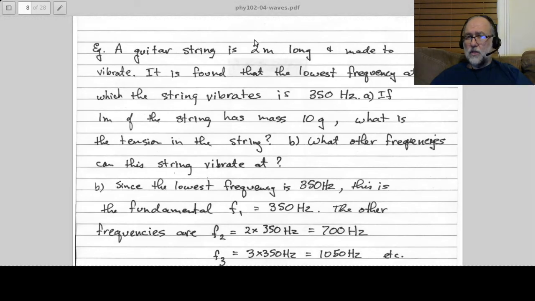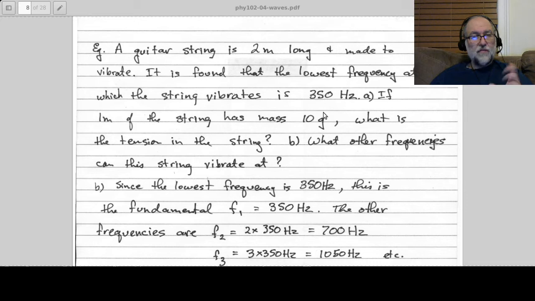I say that 2 meters of the string are tied down, and then later I say that 1 meter of the string has mass 10 grams. Well, capital L, that's the part of the string that's tied down, that's the 2 meters. And the little l, which is the length that has a certain mass associated with it, that's 1 meter, because 1 meter has 10 grams associated with it.